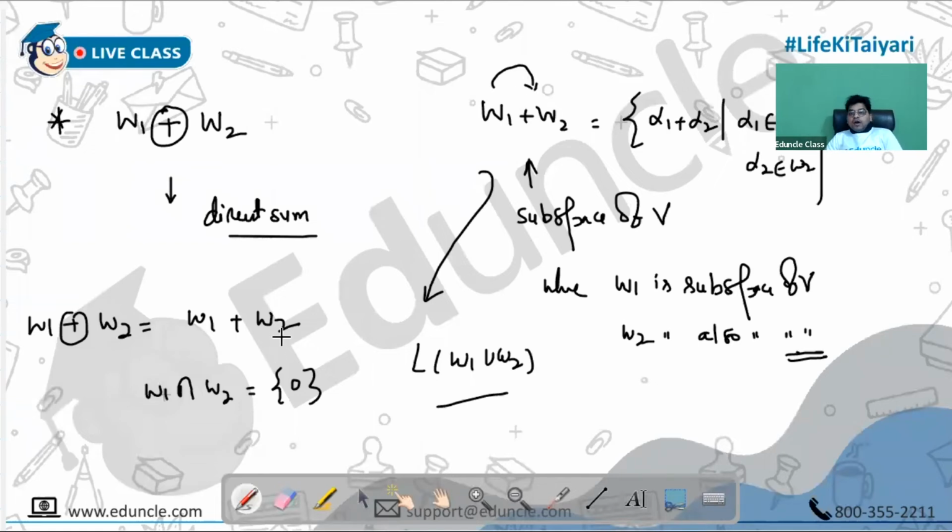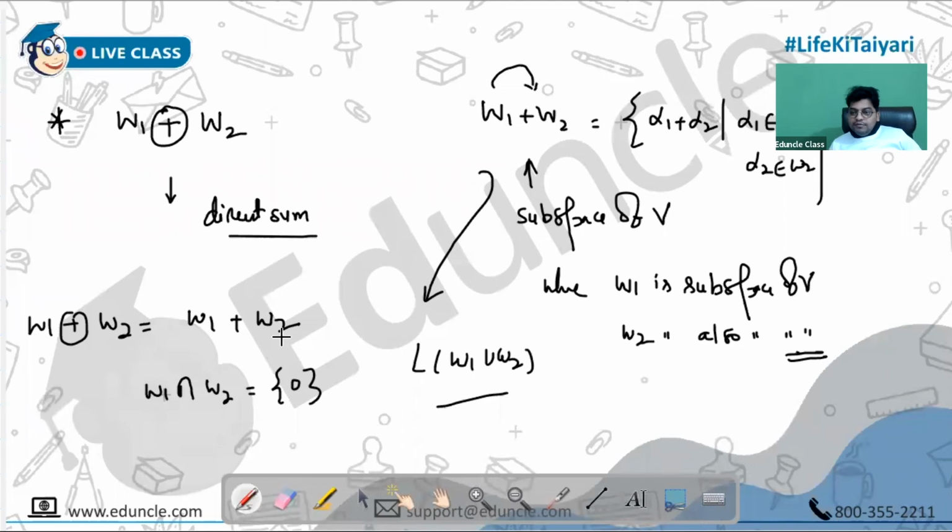It means these two are distinct subspaces. Disjoint means intersection is empty, but subspaces cannot have empty intersection. Okay, so this is called distinct, not disjoint, subspaces. So W1 direct sum W2 is equal to W1 plus W2, but W1 intersection W2 is equal to 0.